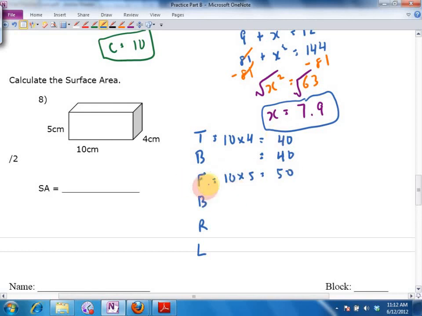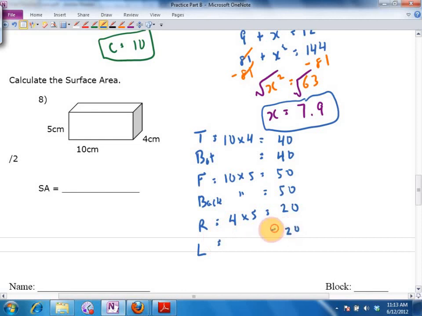Okay. Bottom's the same as the back. This is the bottom here. Back is the same, so that's 50. The right end is what, Kaiwa? 4 times 5. 4 times 5 is 20.